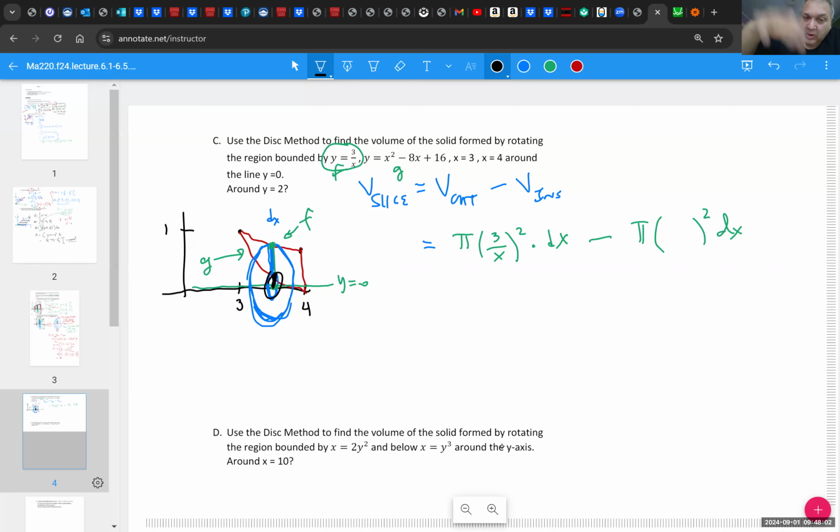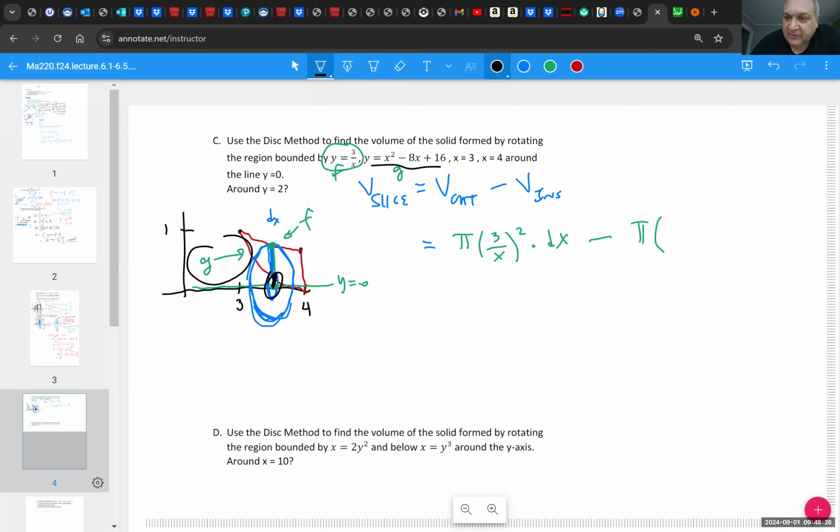So that vertical distance is determined by the g function. So I need to find the y value of the g function minus 0, just the y value of the g function, and that's the radius of the hole that I need to subtract off. But the g function is right over here. So I just subtract off, well, I guess I didn't give myself enough space, but that can be fixed.